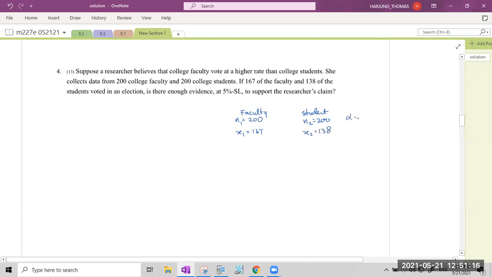The alpha is 5%. Is there enough evidence to support the researcher's claim? What is the researcher's claim? The claim is college faculty vote at a higher rate than college students.